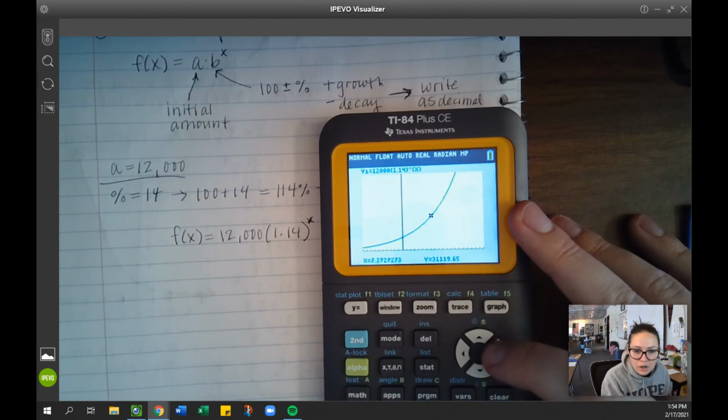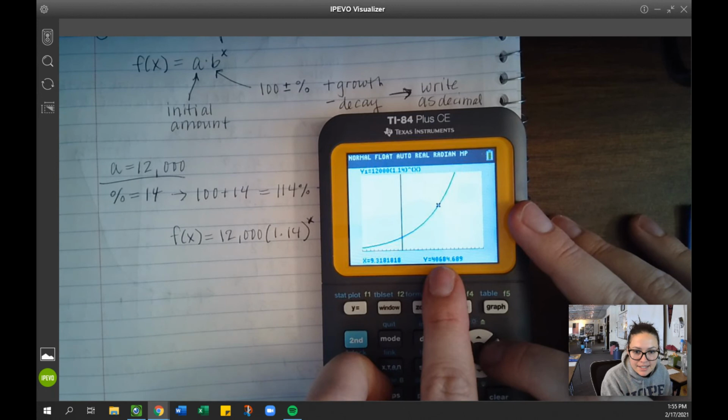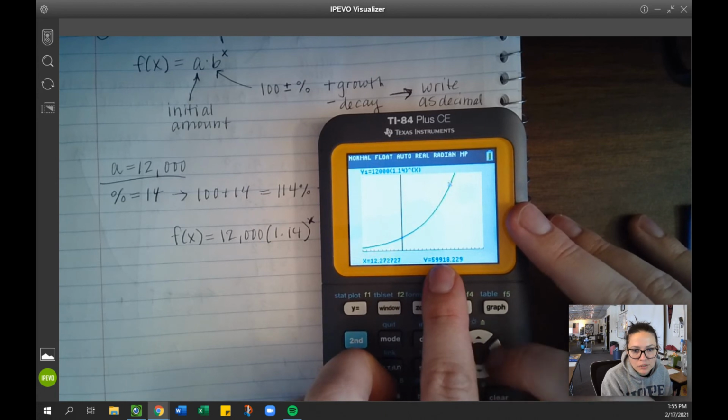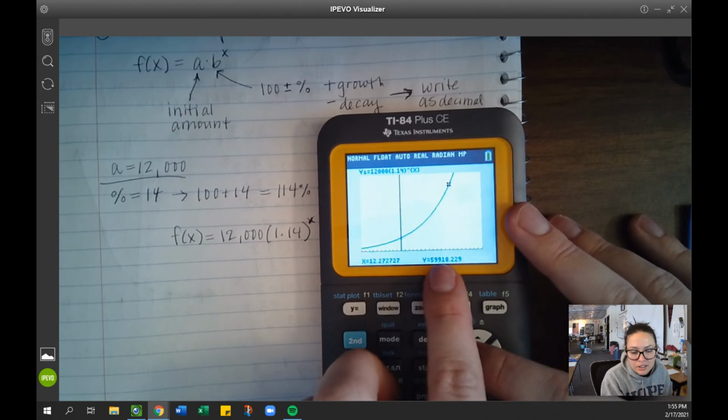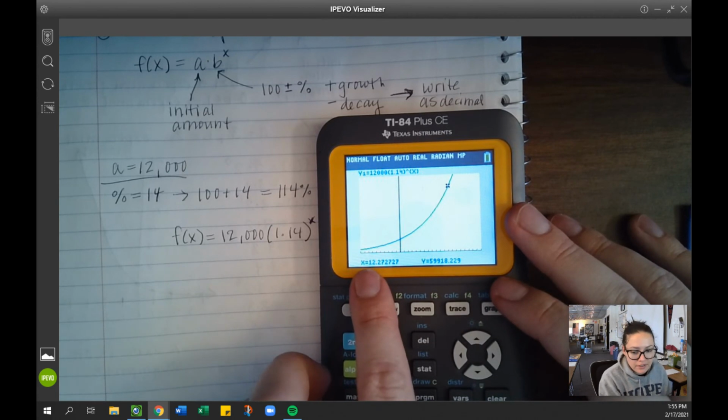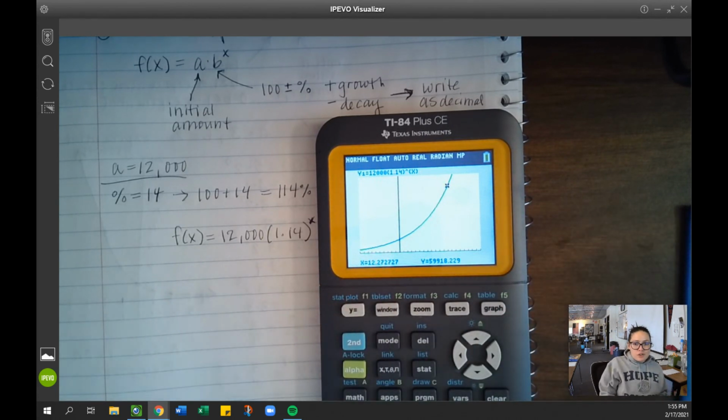I want to know when I get to 60,000. Ooh, that's pretty close. 59,918. There's 61,000. So it happens somewhere between those two. That's pretty darn close, though. So x is 12.27, and remember, we're measuring time in years.